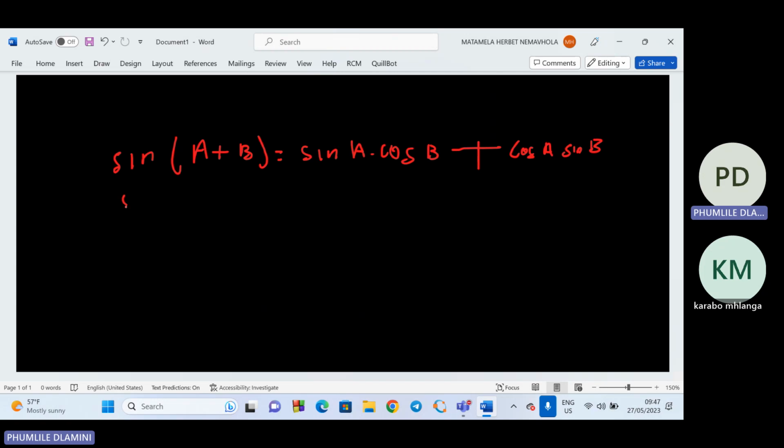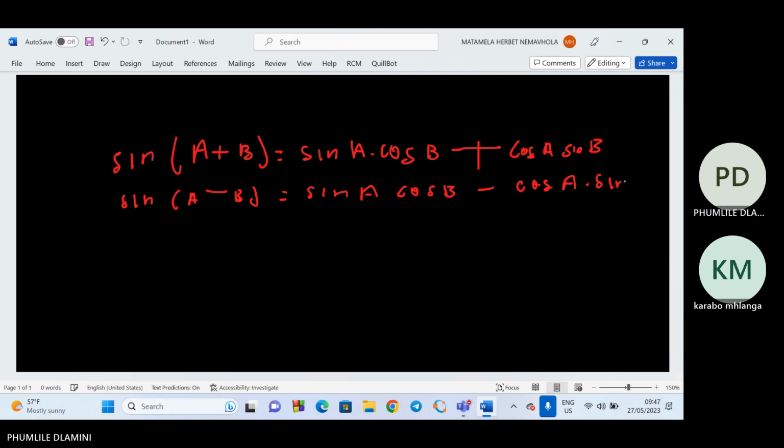And if you have sine of A minus B, this is the same as sine A cos B minus cos A sine B. And if you have cos of A plus B, this is the same as cos A cos B minus sine A sine B. When it's cos and the sign is plus, it changes to negative.